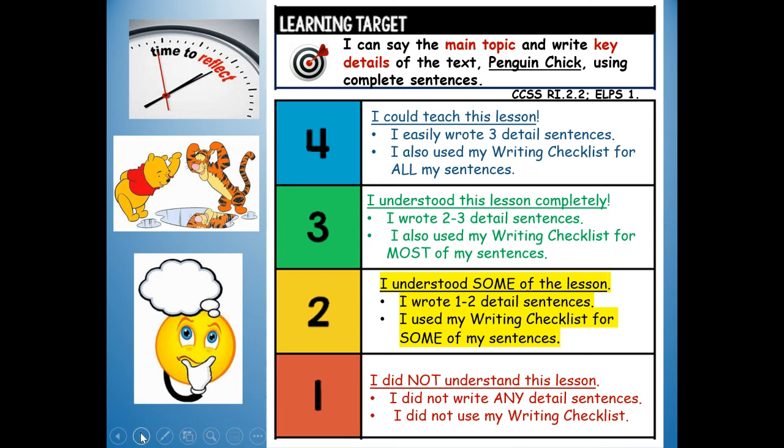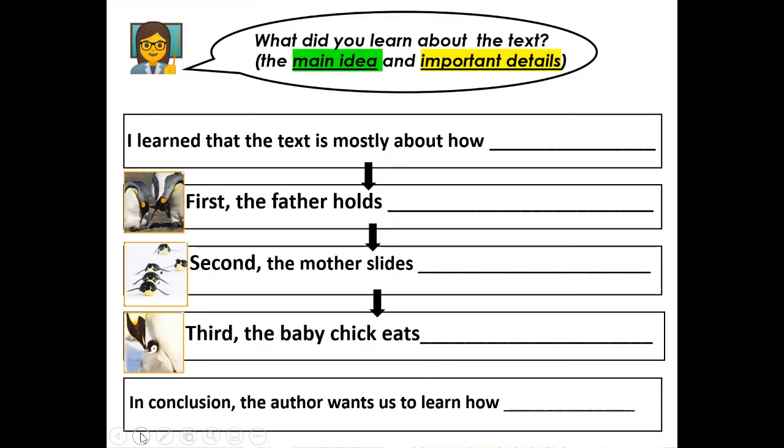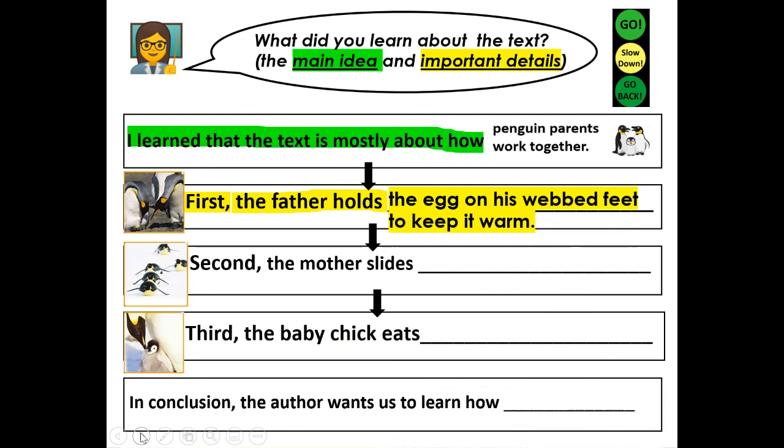All right, so now that you reflected, I'm going to share with you my example. We're going to state our topic. I learned that the text is mostly about how penguin parents work together. First, the father holds the egg on his webbed feet to keep it warm.